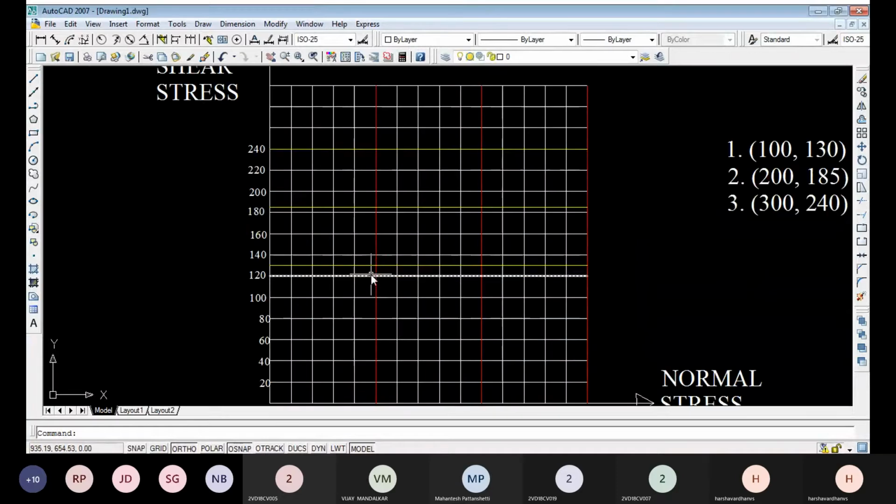So already I can easily mark it here, using the ortho command.